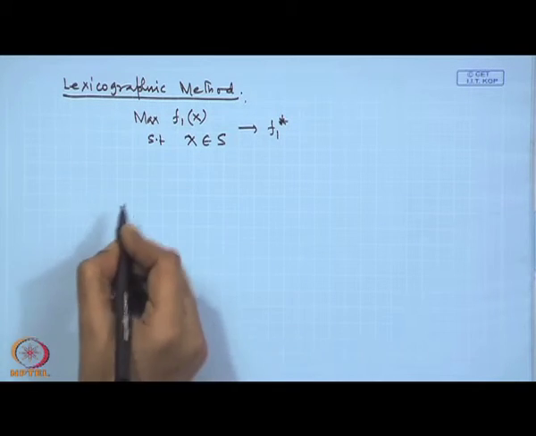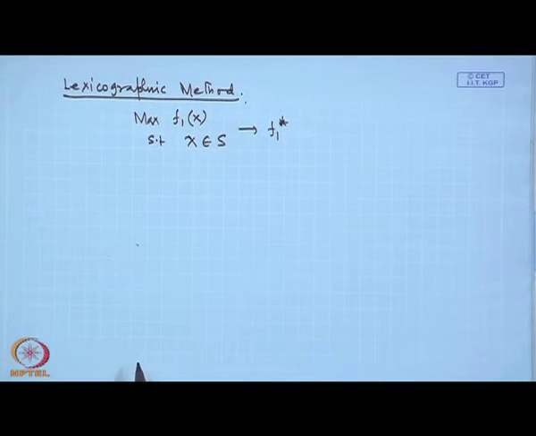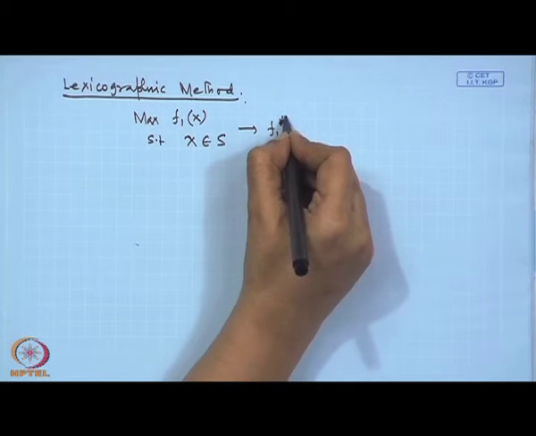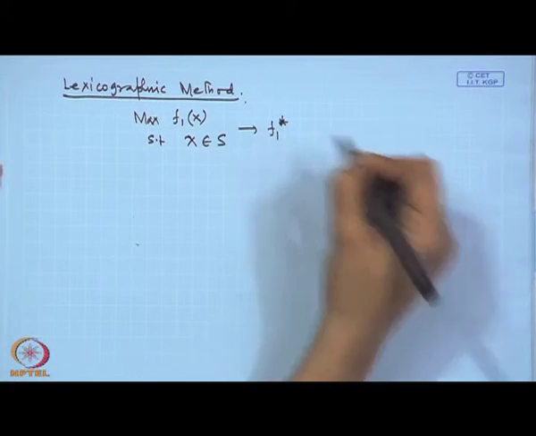Then in the next step, we are solving a series of problems. If the decision maker is satisfied with this solution, that means if maximizing the most important objective function gives a solution that satisfies the decision maker, then we need not go for further steps.